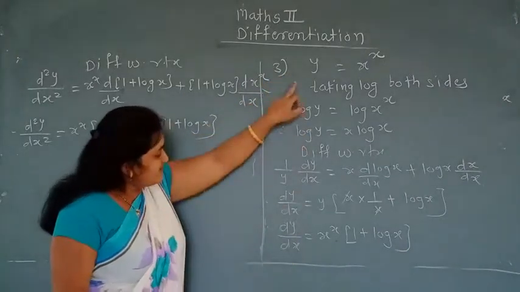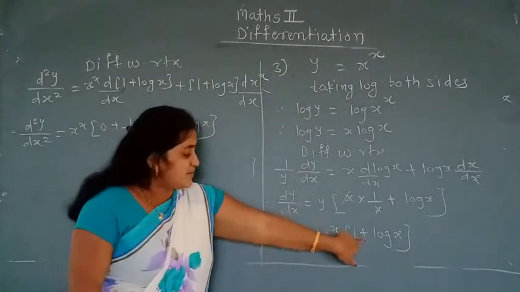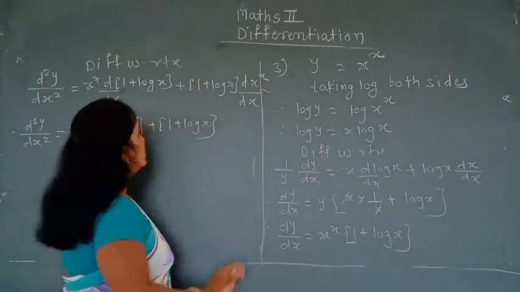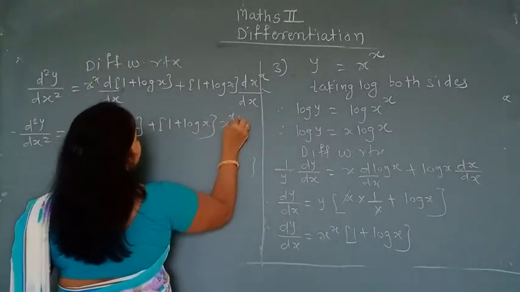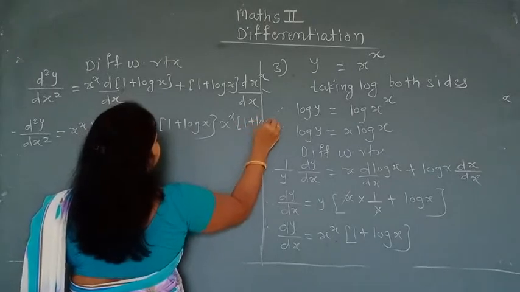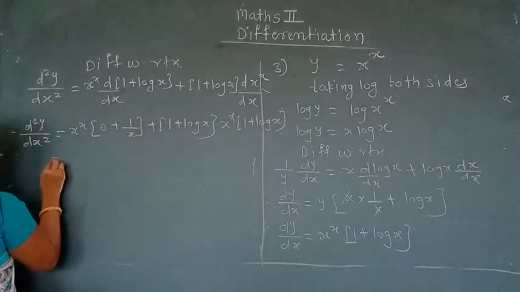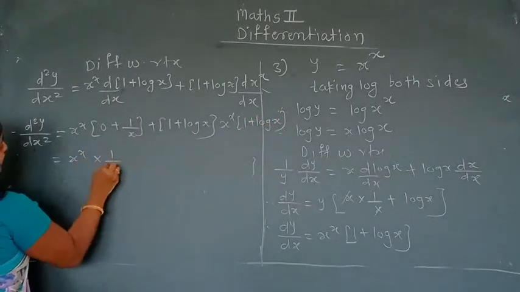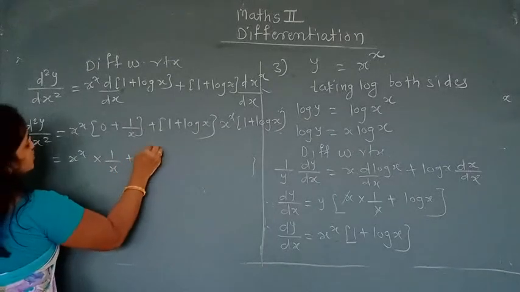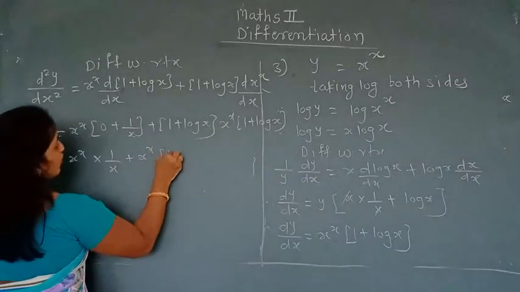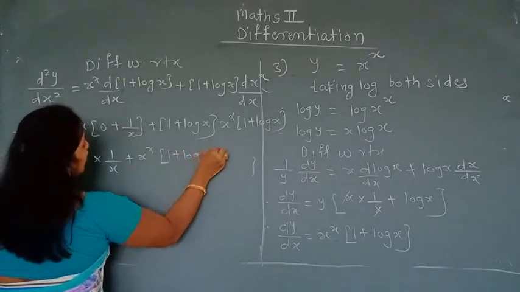What is the derivative of x raised to x? Which is x raised to x, 1 plus log of x. So we can write here x raised to x, 1 plus log of x. Okay, now simplify. x raised to x multiply 1 upon x plus x raised to x inside the bracket 1 plus log of x whole square.